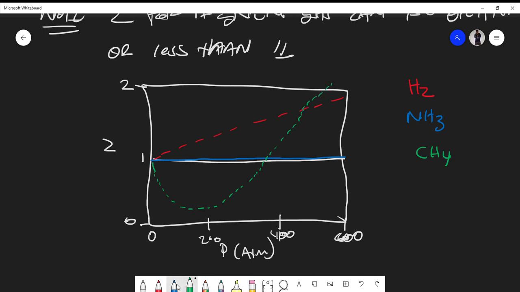Now, I wanted to make a correction to myself. The blue line should be going down in this respect. So this is ammonia, and this would be what we call, obviously, a real gas. So the blue line going across is not the ammonia, but rather the blue line going down. So that's a correction on my part.